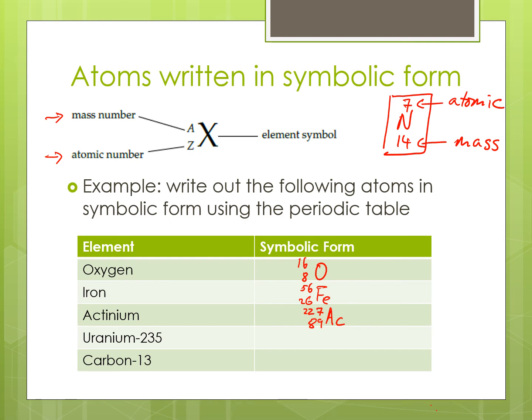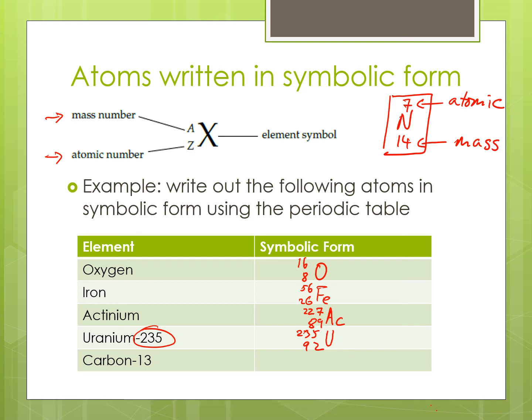Alright, uranium-235. So uranium is U, 235 for the mass, and then 92. What that means is if you have a number written next to the element name, it is an isotope form of that element.